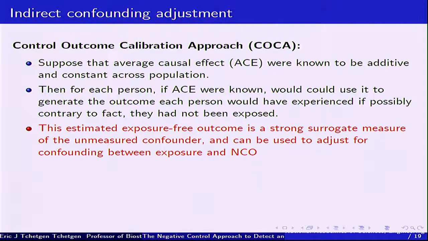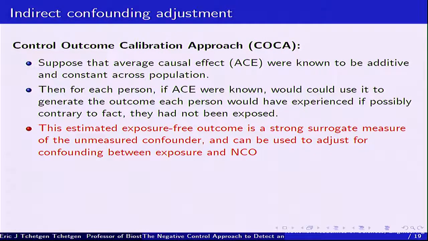The basic idea is that this exposure-free outcome, this potential or counterfactual outcome, is in fact a strong surrogate measure of the unmeasured confounder itself, and can be used to adjust for confounding between the exposure of interest and the negative control outcome. You're sort of inverting the principle that you know that between the exposure of interest and the negative control outcome, the causal association should be null.